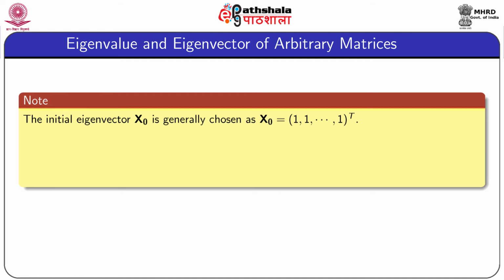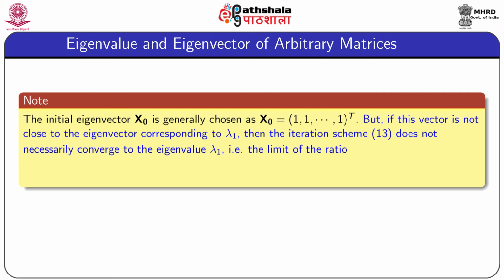Initial vector x0 is generally taken as x0 equal to 1 1 dot dot dot 1, that means all elements are taken as 1. But if this vector is not close to the eigenvector corresponding to the eigenvalue lambda 1, then the iteration scheme 13, that means the scheme defined in the earlier slide, does not necessarily converge to the eigenvalue lambda 1, that is, the limit of the ratio of the ith element of z k plus 1 divided by the ith element of x k may not exist.